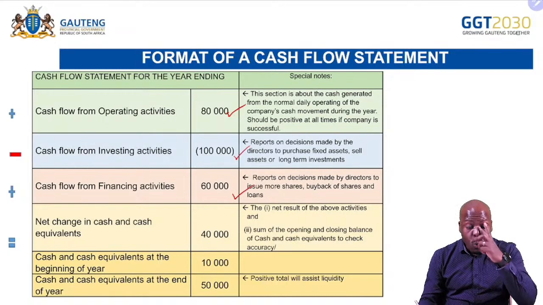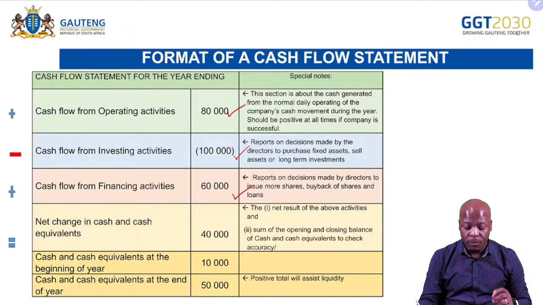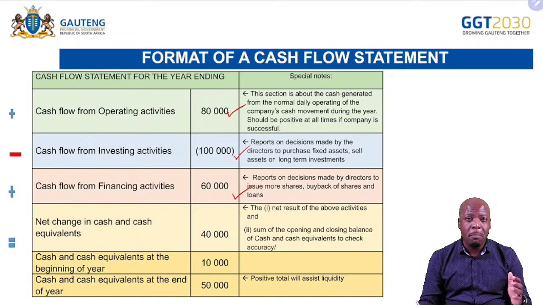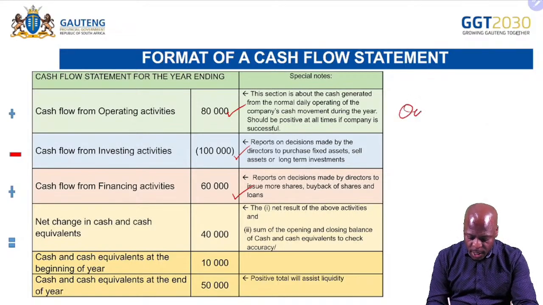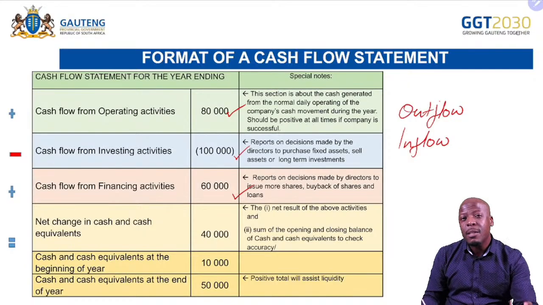Now, I want to emphasize this aspect. Please, it is important that you get this. When we do a cash flow statement, brackets are very important. Yes, brackets are very important, because when you put a bracket, it simply tells us that there is a cash outflow. When you have a bracket, you're talking about cash outflow. And if you don't put a bracket, it means it is a cash inflow. Now, here is the challenge.